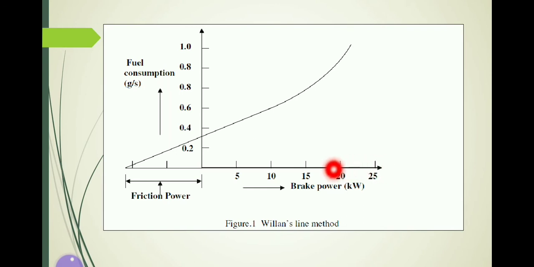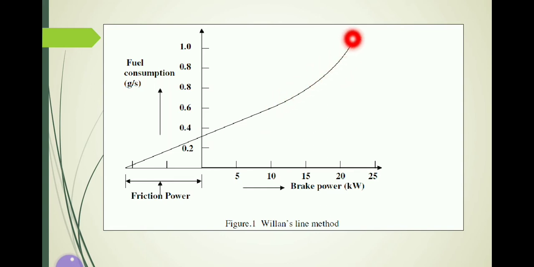Now we have seen how to measure the brake power. By using the dynamometer, we can measure the brake power. So whatever brake power is produced is plotted on the x-axis, and at the same time how much fuel is used for producing that brake power is shown on the y-axis. And one graph is going to be plotted by taking a number of readings in this way.